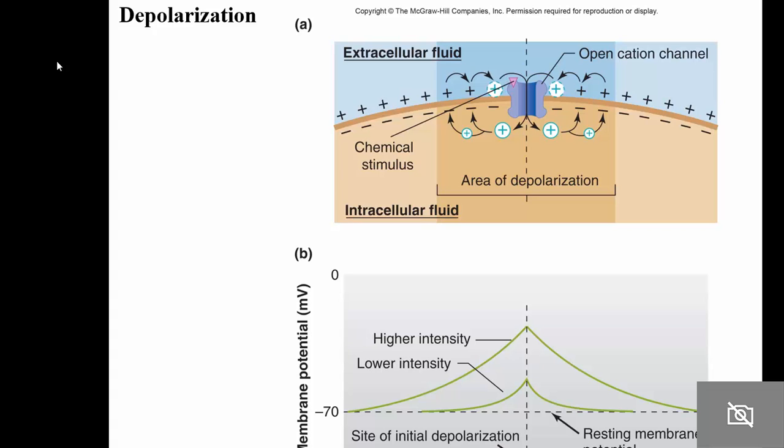So a huge difference between a graded potential and an action potential is that a graded potential is decrementing, meaning it decreases its intensity with distance. An action potential does not. If an action potential fires in a neuron, it goes, and it doesn't decrease in speed, and it doesn't decrease in intensity. But a graded potential does. They're very, very different. Right?